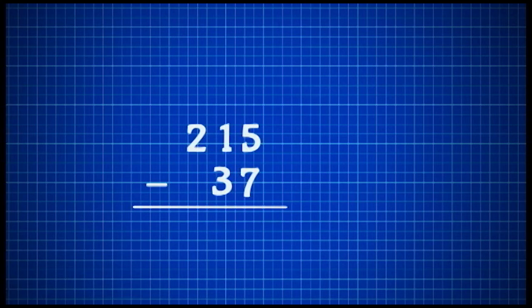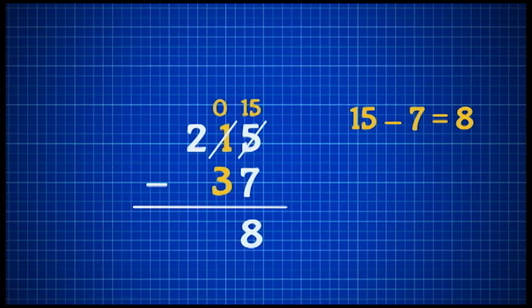Let's look at this example. 215 minus 37. So we look at the ones place first. 5 cannot be minus by 7, so we borrow 1 10 from the tens place, which we get 15. 15 minus 7 is equal to 8. We move on to the tens place, where we have 0, because we already borrowed 1 10 to the ones place.